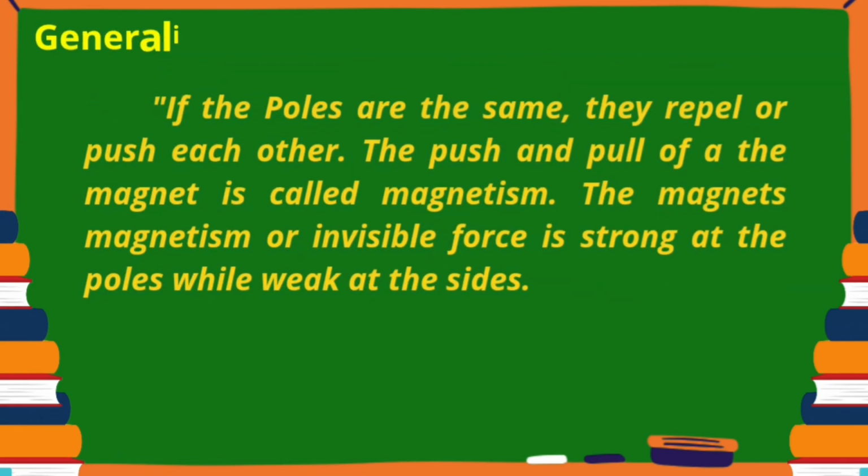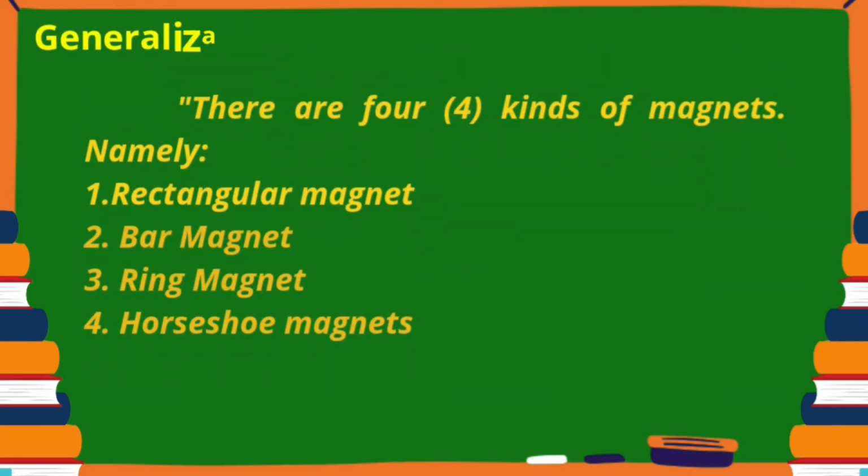If the poles are the same, they repel or push each other. The push and pull of the magnet is called magnetism. The magnet's magnetism or invisible force is strong at the poles while weak at the sides. There are 4 kinds of magnets: the rectangular, bar, ring, and horseshoe magnets.